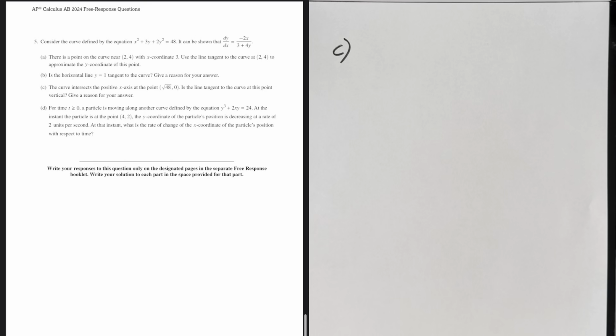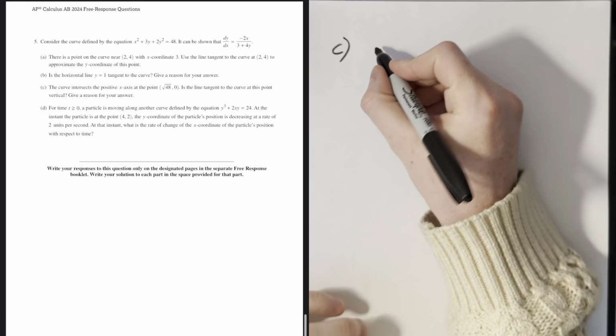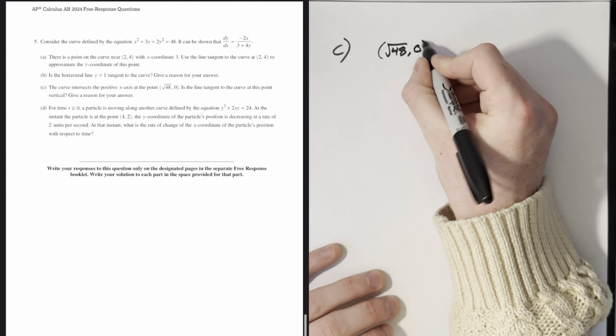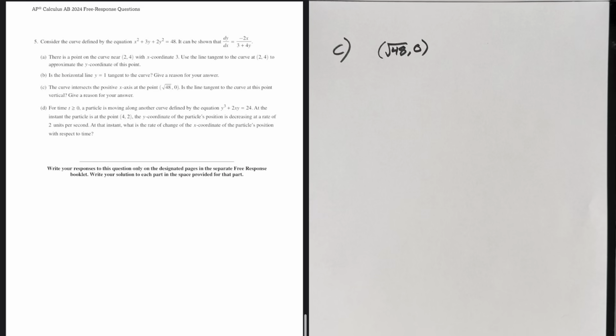So let's keep going. Part C says the curve intersects the positive x-axis at the point (root 48, 0). Is the tangent line to the curve at this point vertical?